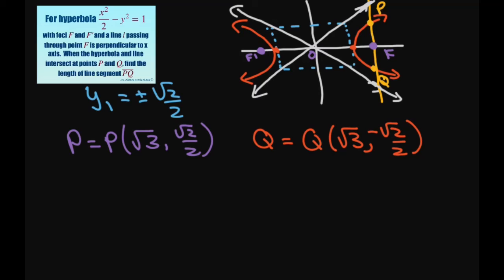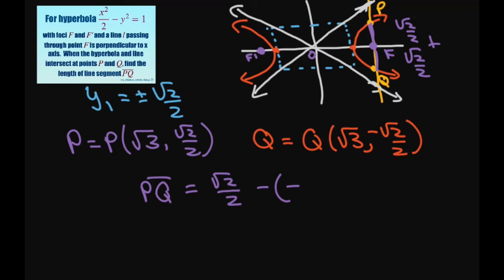This length here is square root of 2 divided by 2, and this length here is square root of 2 divided by 2, so you just add those up. Or you can say the length of PQ, you can just subtract them: square root of 2 divided by 2 minus negative square root of 2 divided by 2. Basically, you're just adding them up, and this gives you square root of 2. So that's the length of PQ.